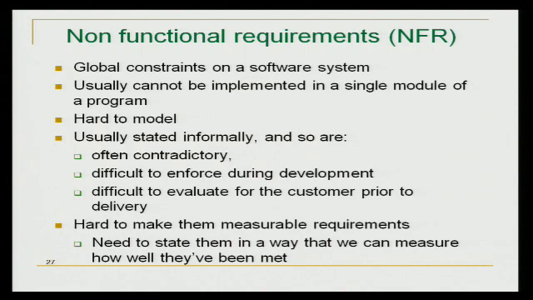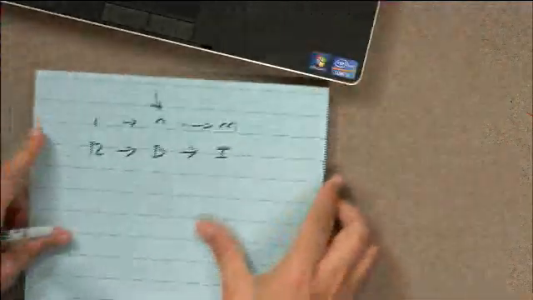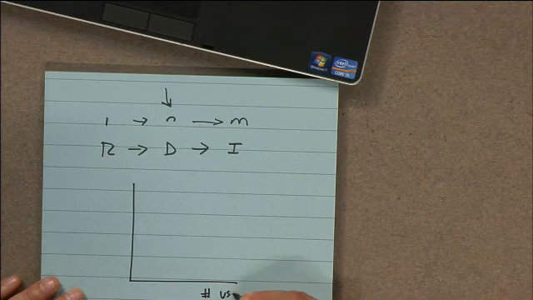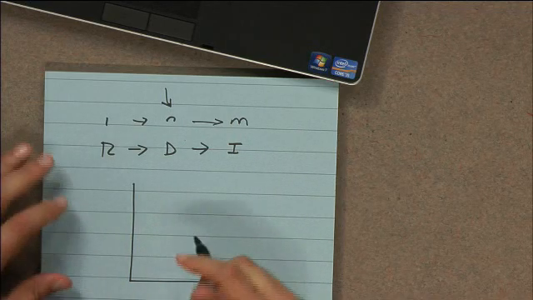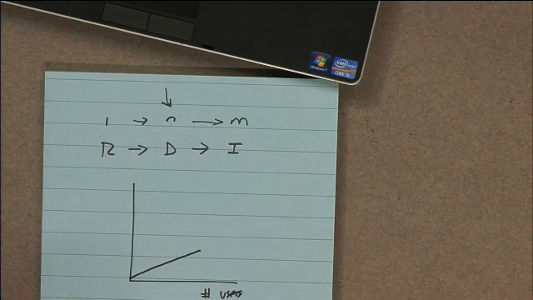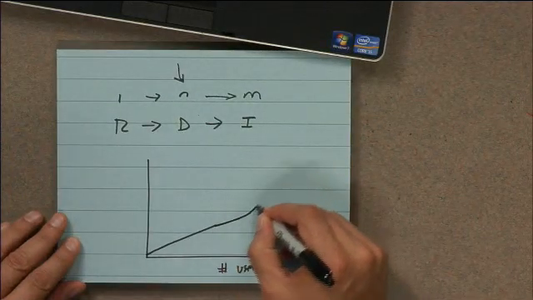For example, if you want to model scalability, which is a non-functional requirement, I'm just throwing out examples here, but most IT systems, you'll have relatively linear scalability. And then at some point, you're going to go like that.